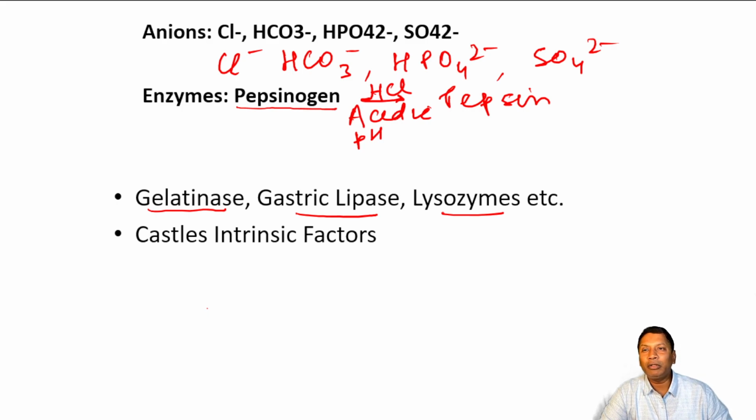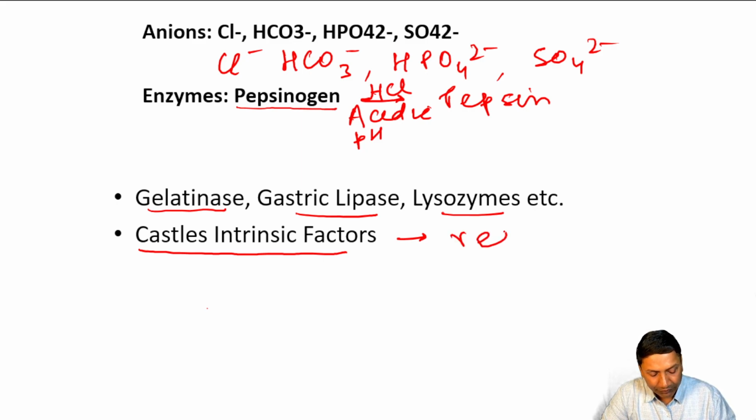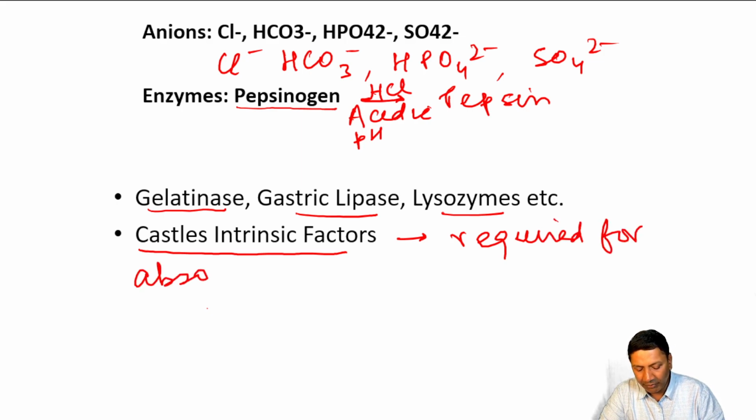Then the gastric juice also contains Castle's intrinsic factor. This intrinsic factor is required for absorption of vitamin B12 from the ileum.